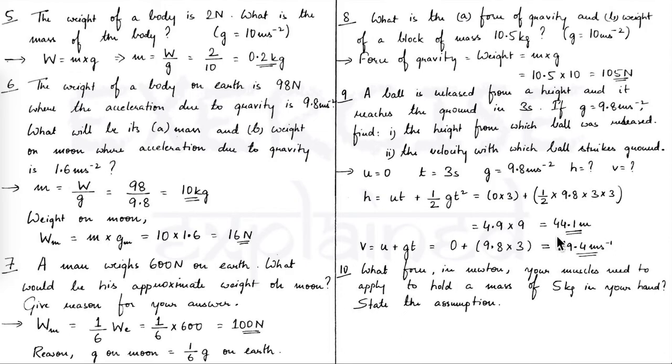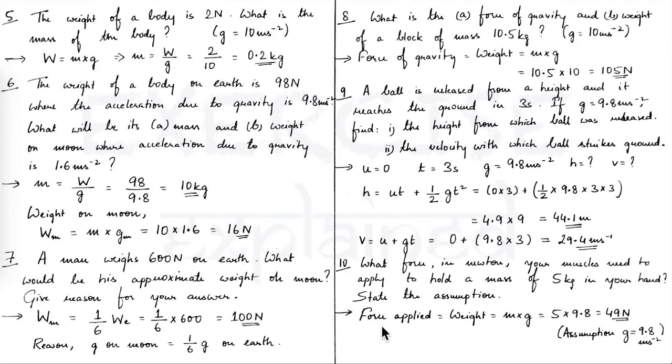Now coming to the 10th question, which happens to be the last question for this particular video, that is what force in Newton, so we need to find the force in Newton, your muscles need to apply to hold a mass of 5 kg in your hand. Now if we have to hold something in our hand, the minimum force required will be equal to the weight of this.